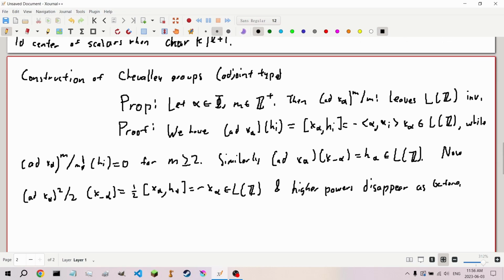And so of course all adjoints of x alpha to the m over m factorial on x alpha are going to be 0.